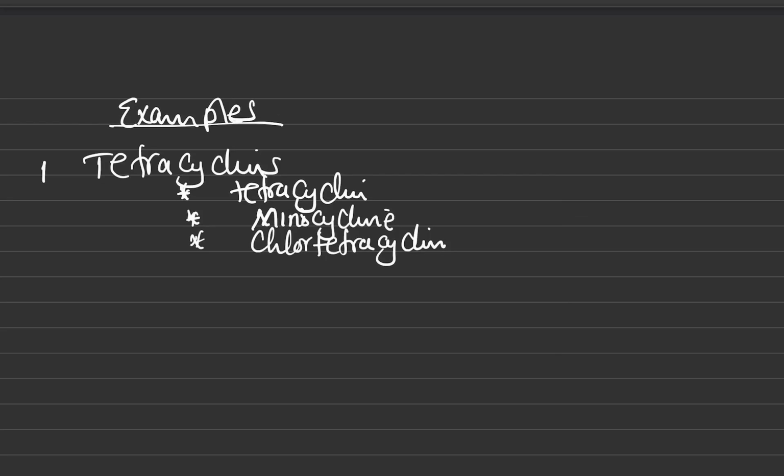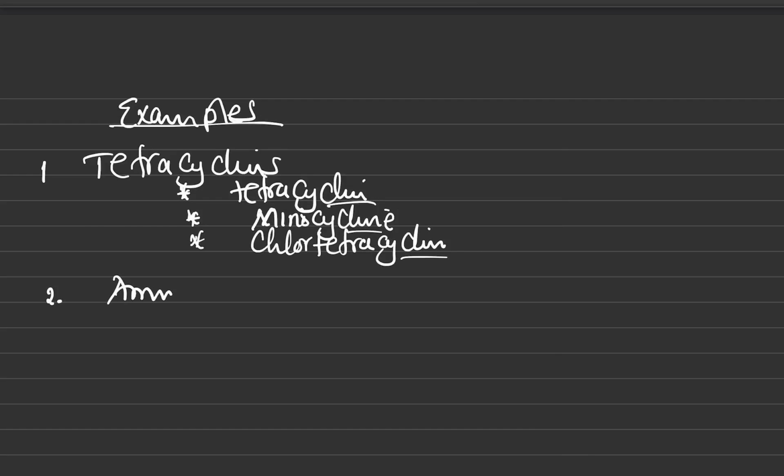Do not mistake this with the penicillins. Penicillins are penicillin. These are clean. So I don't want to hear people say cloxacillin is a tetracycline or tetracycline is a penicillin. No.